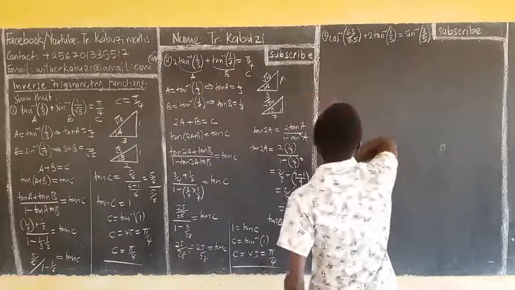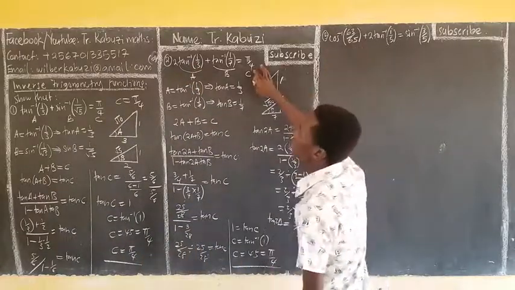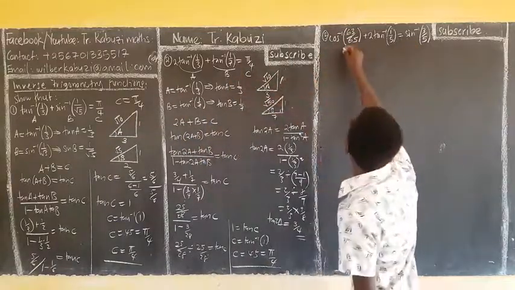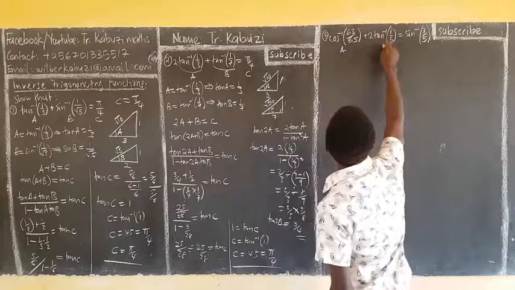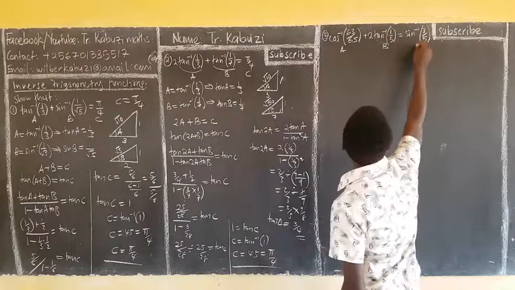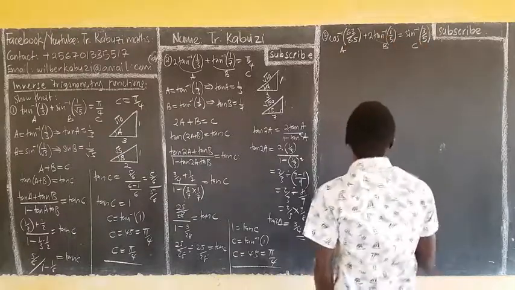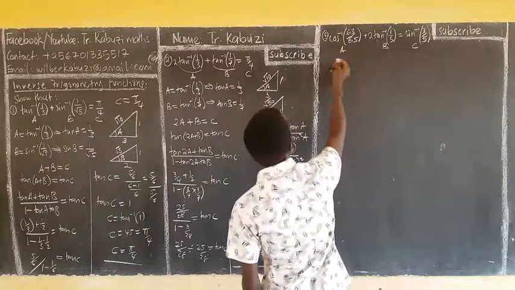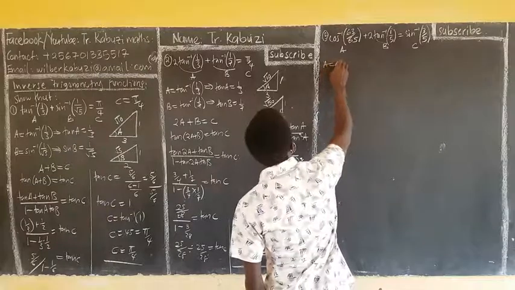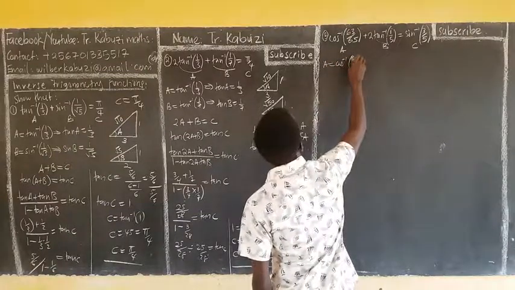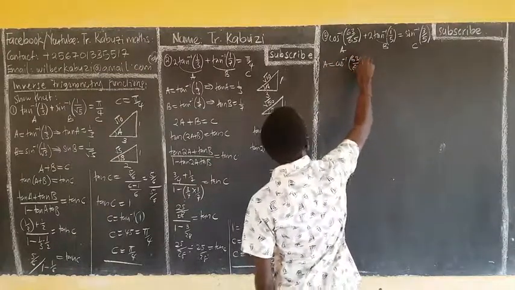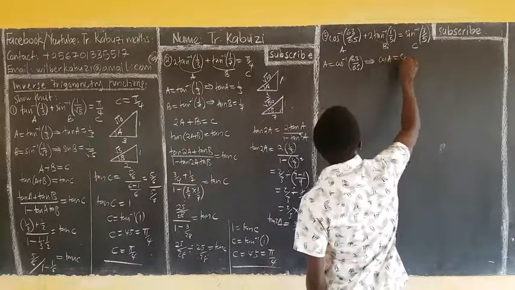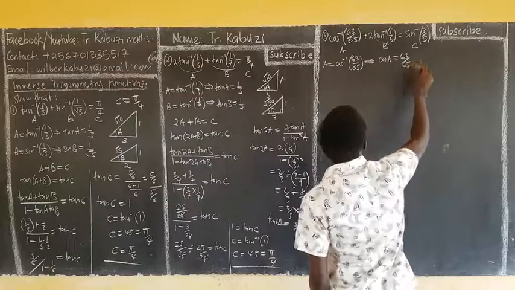When you come to this side, on this side we have angles. Now on this side we have a function. So still this will be A, this will be B, the whole of this, and this will be our C. So from here, my A will be cos inverse of 63/65, implying that cos A is 63/65.